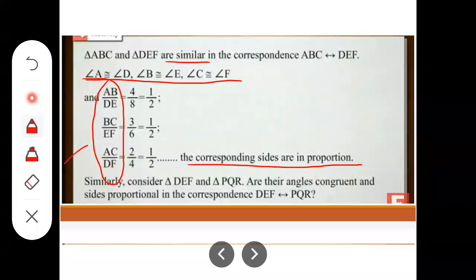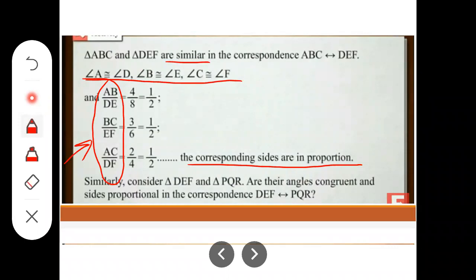This ratio is called the side proportionality ratio. That will be very helpful to you in standard 10th, in the geometric construction lesson, to write the side proportionality ratio. So how to write the side proportionality ratio for given similar triangles?